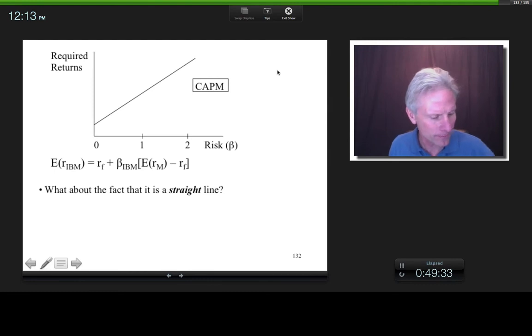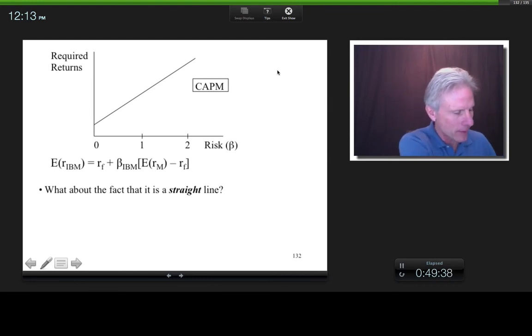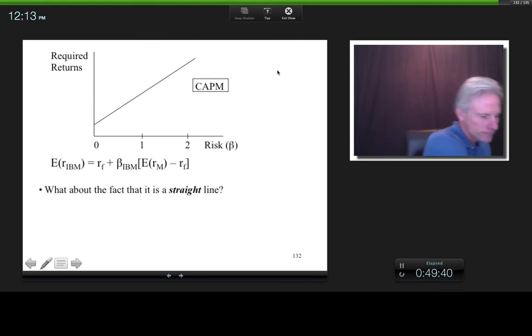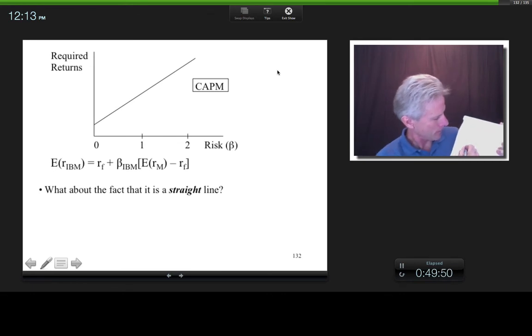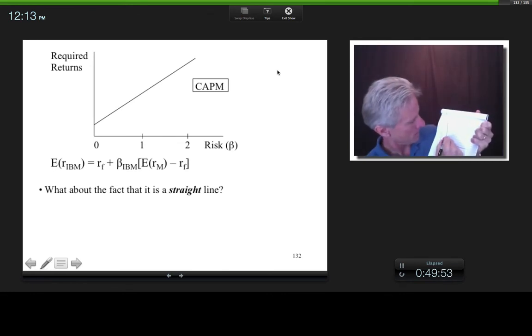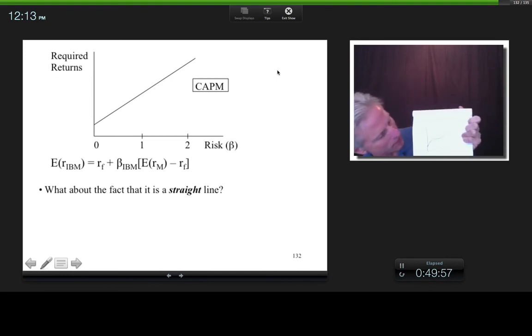So, for example, if you'll indulge me a second with another diagram. Hang on one second. So here I have returns and risk. Okay. Is this upward sloping everywhere? Is that upward sloping everywhere?